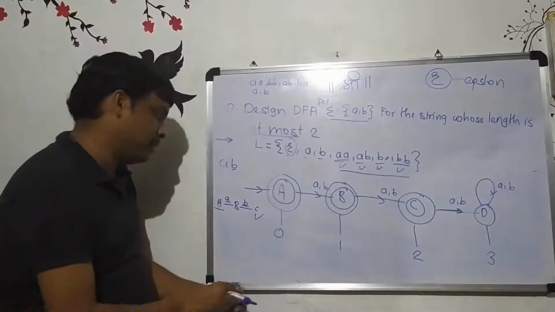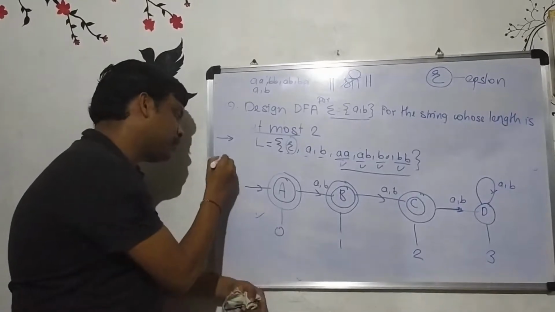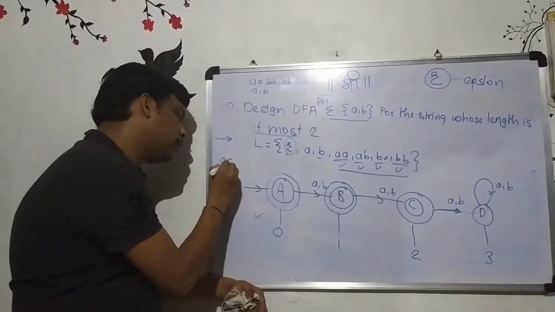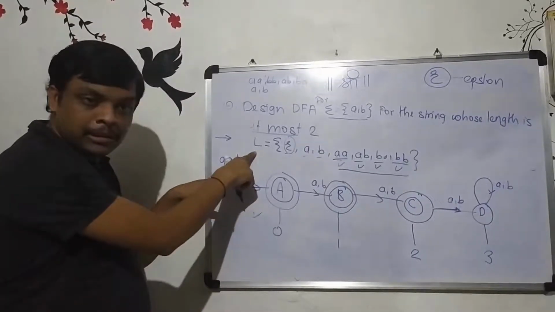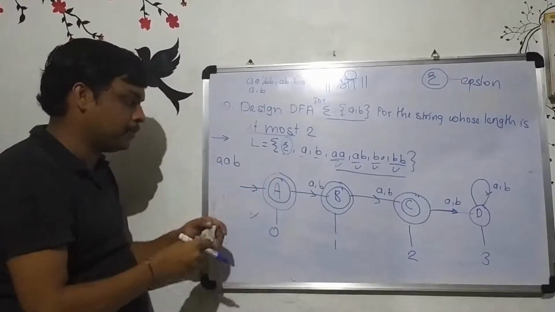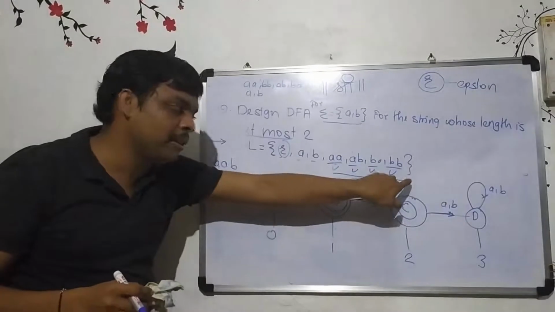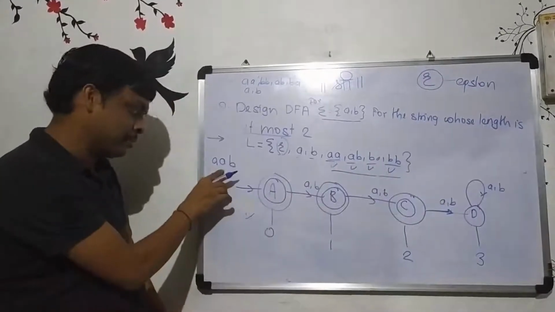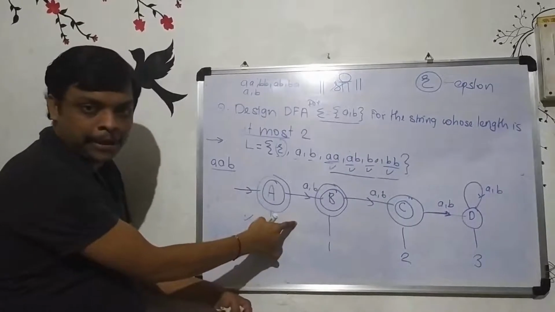But now if I take suppose this string a, a, b, is this string present in this language? No. This string is not present in this language because this language contains strings of maximum length 2 only, and its length is 3. So if it is not present, then it must be rejected by this finite automata.